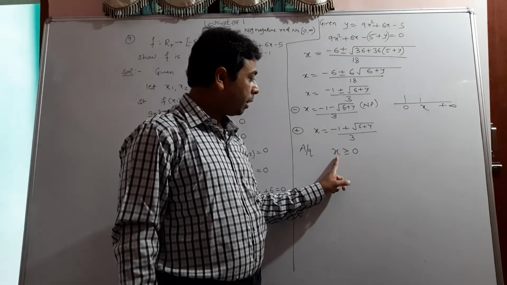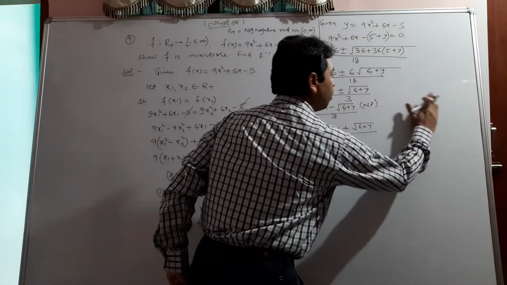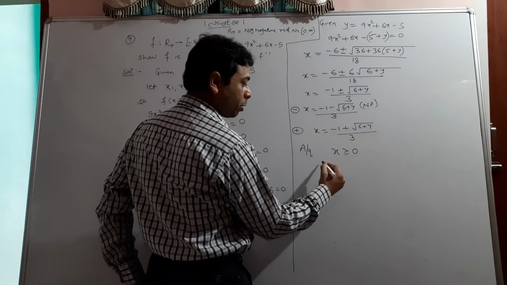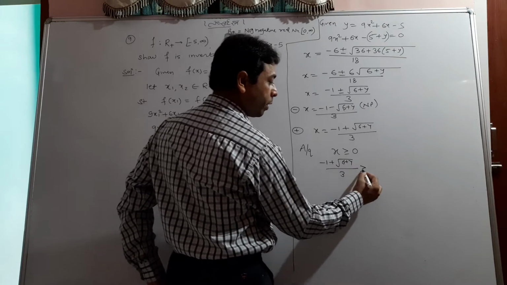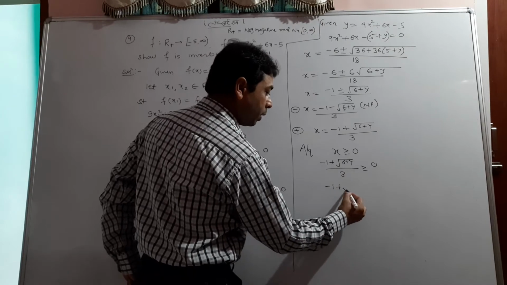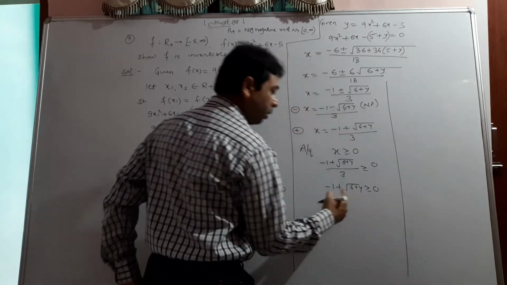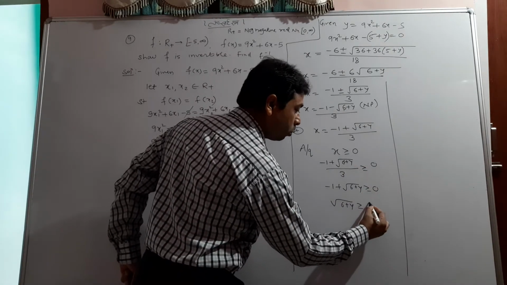So x lying between 0 to infinity, so I'm writing that condition by this inequality, and I will put here x. The value of x is what? Minus 1 plus square root of 6 plus y upon 3 greater than or equal to 0. Now I transfer 3 that side, minus 1 plus square root of 6 plus y greater than or equal to 0. Then afterward, I'll transfer minus 1 that side, square root of 6 plus y greater than or equal to 1.